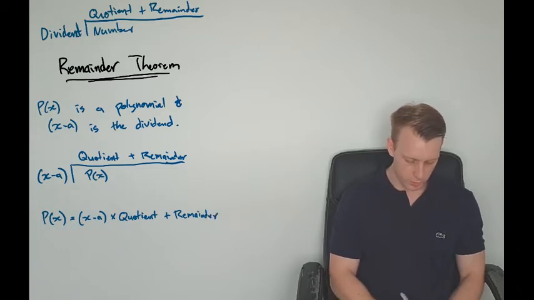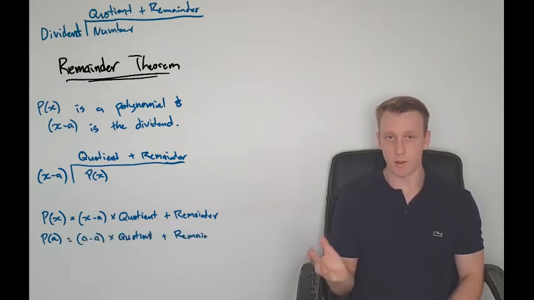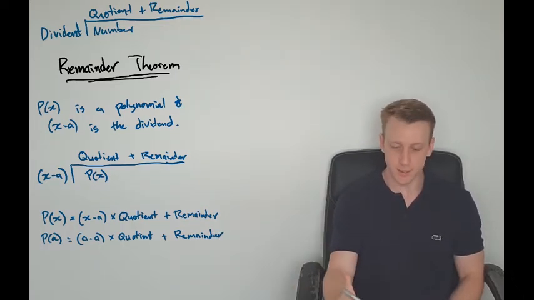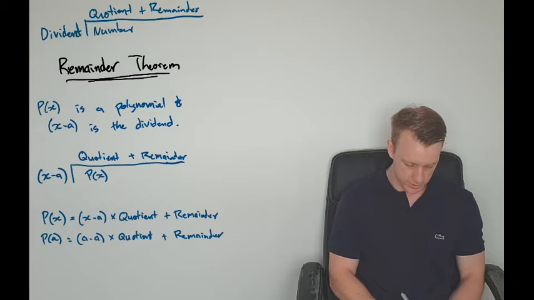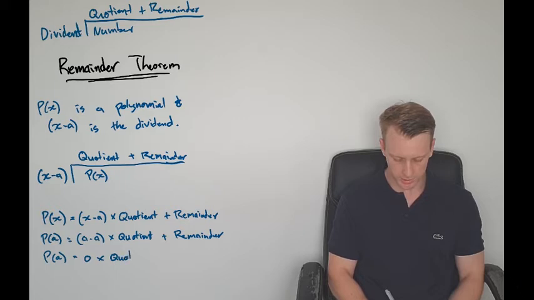And if we put in that point a, we have a minus a. So we are evaluating the polynomial at a, where x minus a is the divisor. We would see that a minus a is 0, so it's 0 times the quotient plus the remainder.